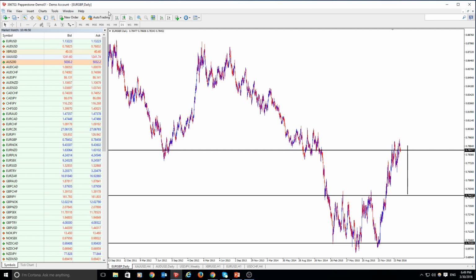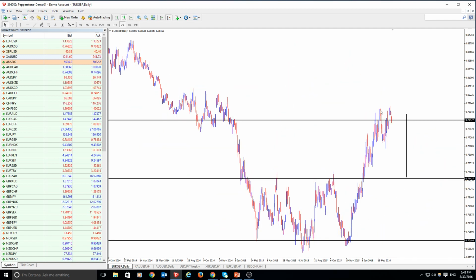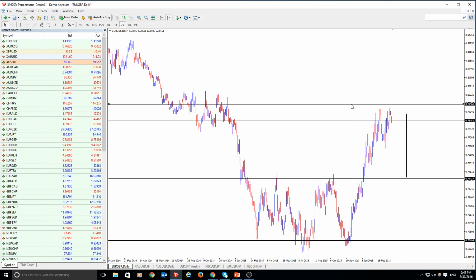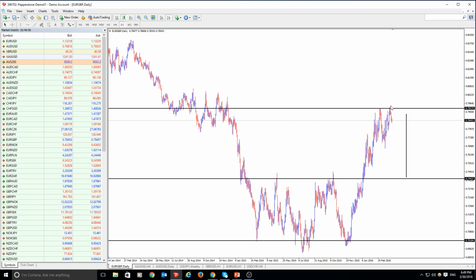But as Tyrone was talking about, if we see a break of this critical zone up here, so we see a break high and a close on this daily, we may be starting to look for buys in the euro pound. So just by recognizing those little things and waiting for that confirmation, we can have a few different trades on our radar.